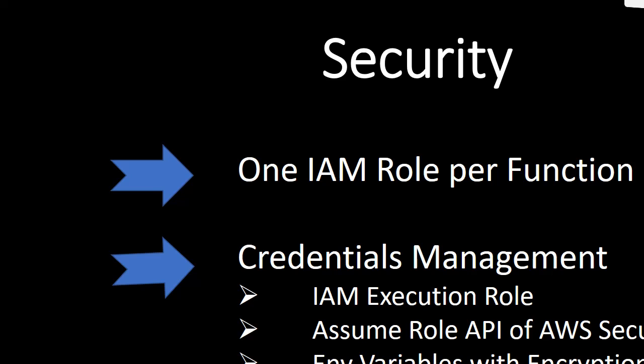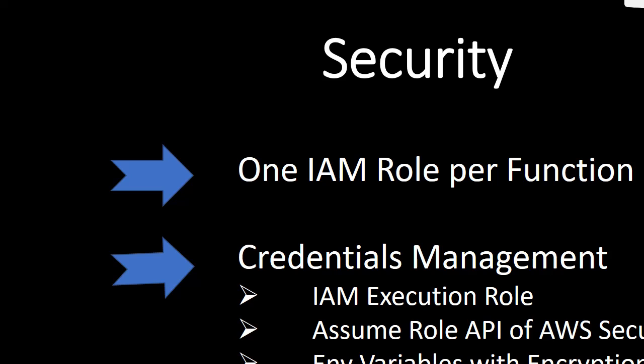In that case, instead of hard coding the access key and secret key in your code, you should be using the AWS Security Token Service, and that service provides an API called the assume role API. This API can generate a temporary credential and give it back to you.